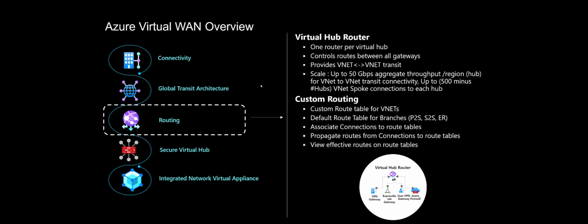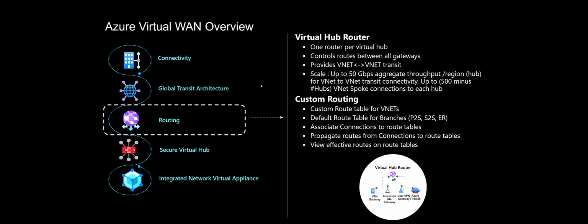Now, what truly makes the routing portion of this even better is traditionally we've been used to these user-defined routes within Azure where we have to statically enter all of these various route tables, associate them to subnets or vNets. Now, within Azure Virtual WAN, we have the ability to create a custom route table for virtual networks.